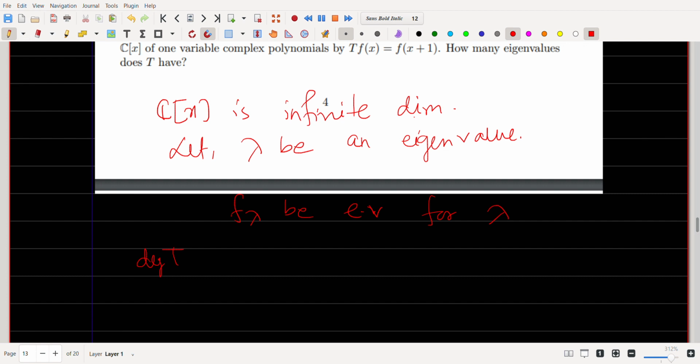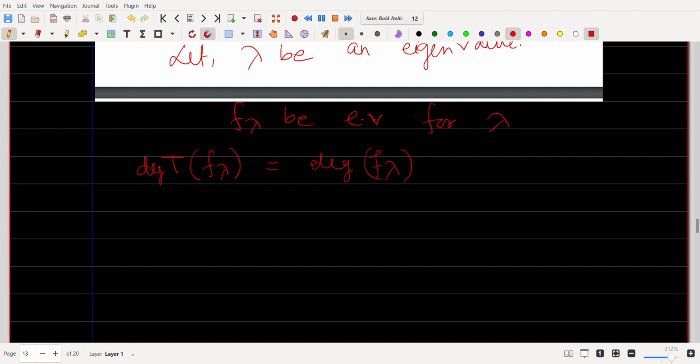So one thing is obvious, that the degree of T of f lambda is the same as the degree of f lambda, right? And say the degree of f lambda is equal to d, right?